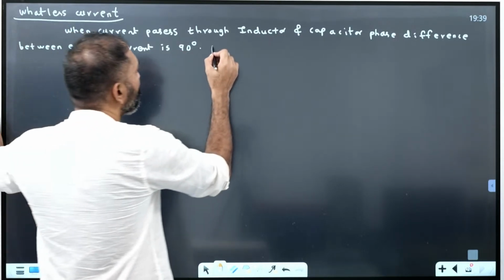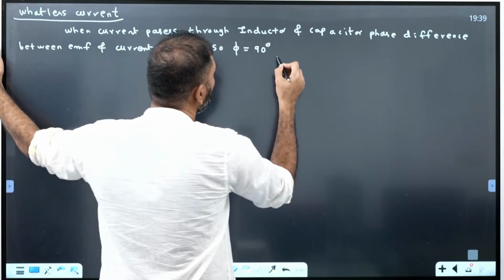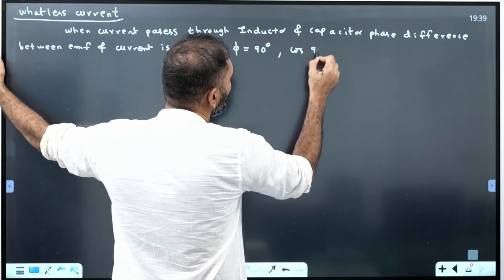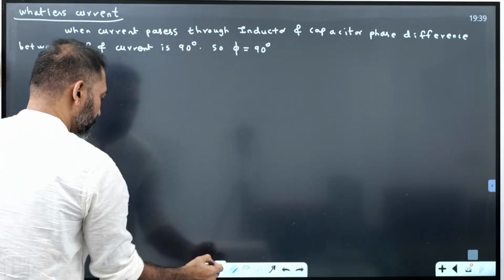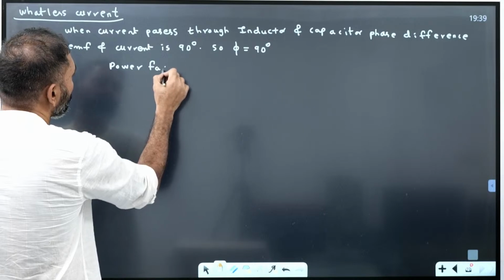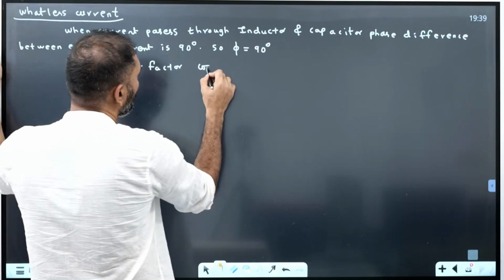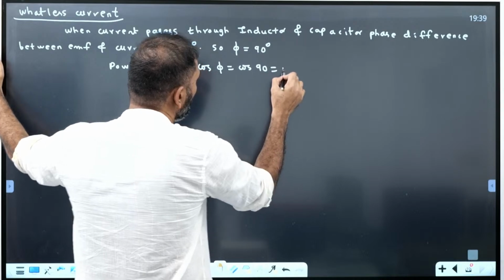So phi is equal to 90 degree. Cos 90 is equal to what? Phi equal to 90 degree. Power factor cos phi is equal to cos 90 is equal to 0.